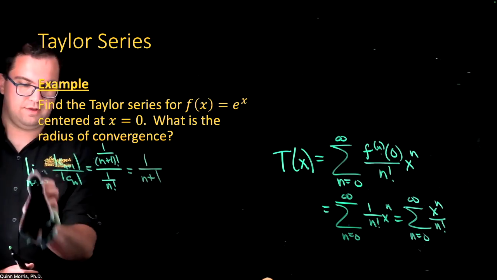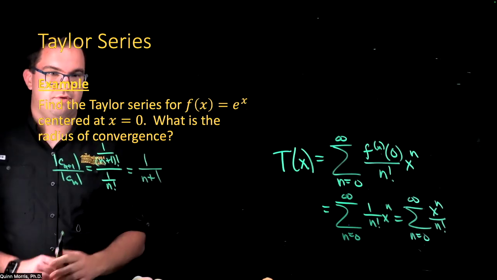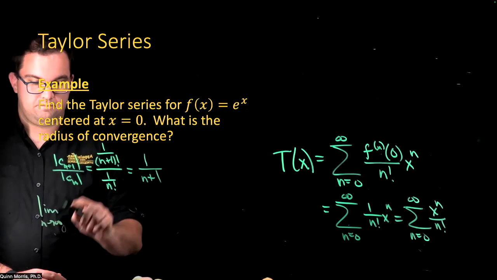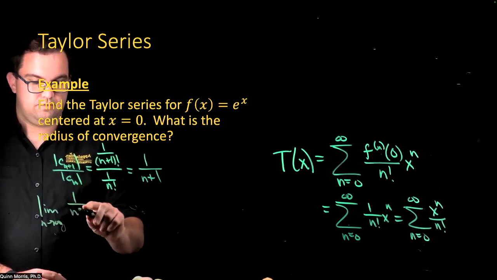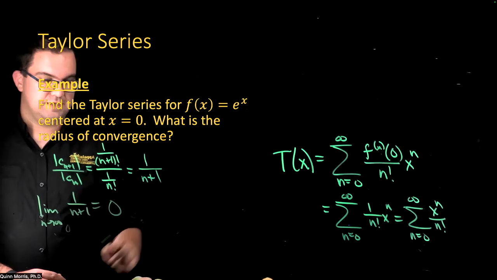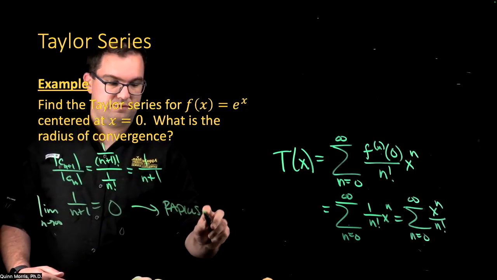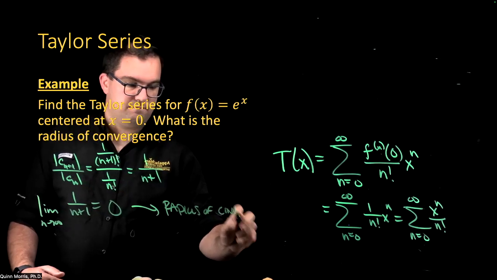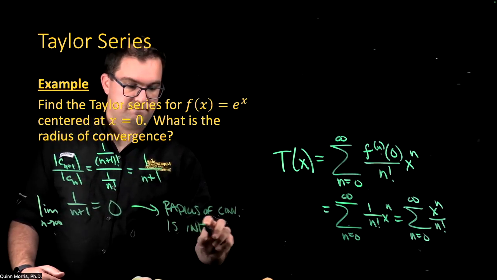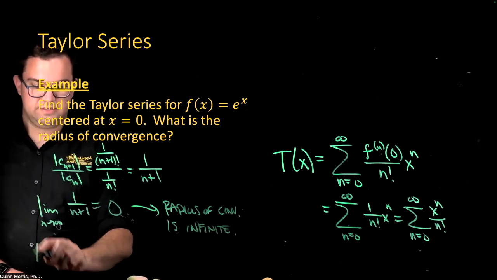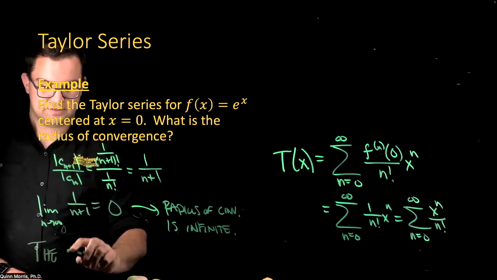And I should be careful here, I haven't taken the limit yet, I'm just simplifying that. But now if I take the limit of that ratio, I'm just going to get 0, which tells me that my radius of convergence is infinite. And so the Taylor series converges for all values of x.